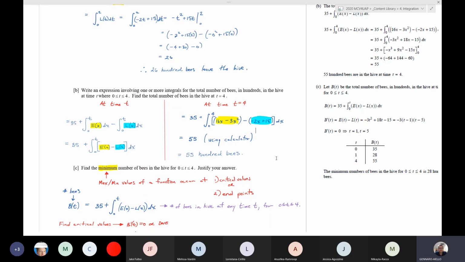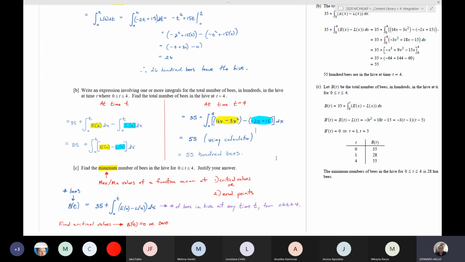Okay, so part C is asking, and this is where previous concepts that we've studied come into play in this question. Find the minimum number of bees in the hive for the time interval 0 to 4, and then justify your answer. So we need the minimum number of bees.